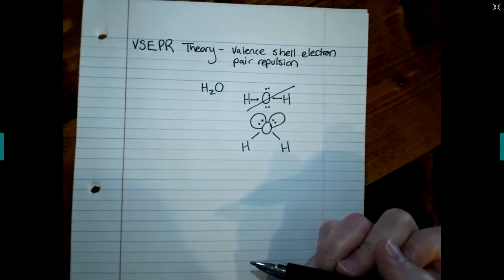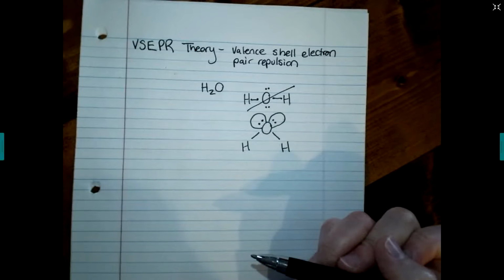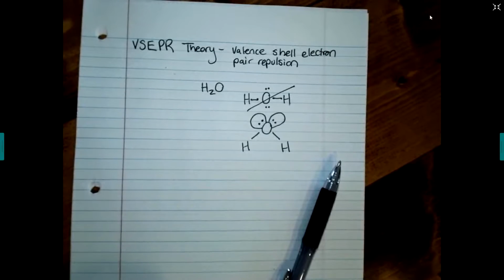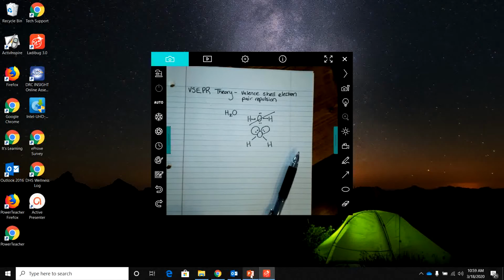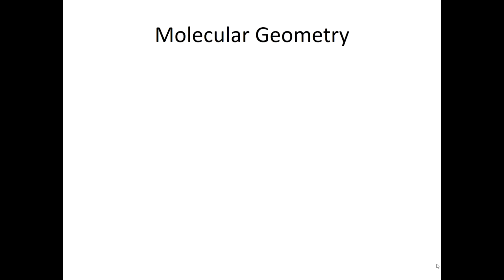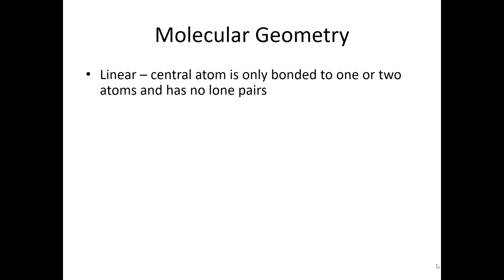I'm going to be teaching you 5 different shapes, and we're going to switch over to the slides for Unit 5. I'll be going back and forth today between the slides and my document camera. So the first shape you need to know about is called linear. Linear is when you have one bond or 2 bonds.